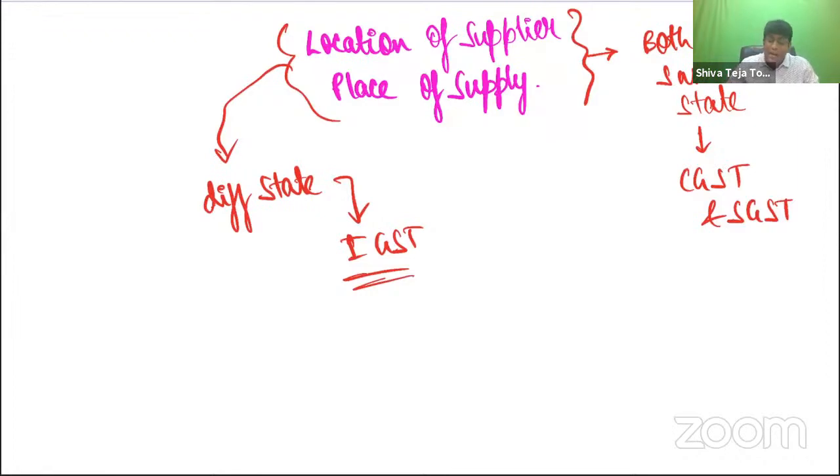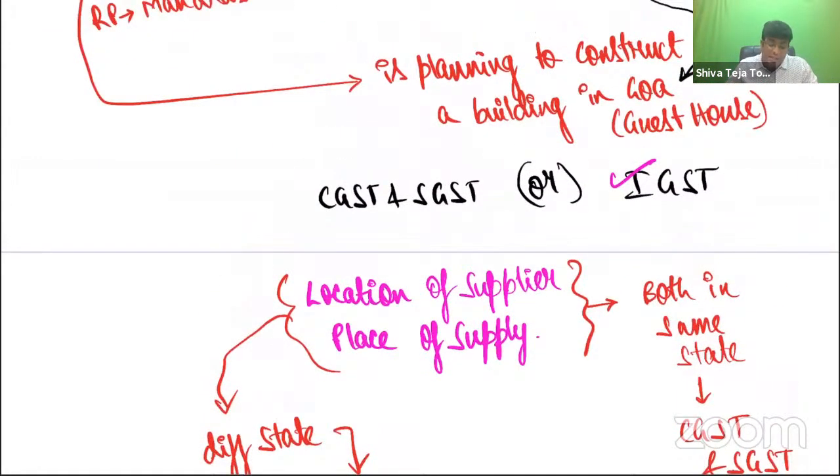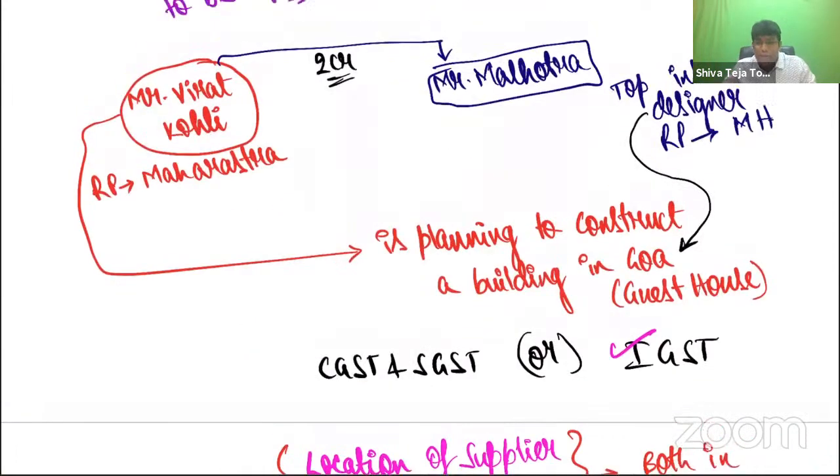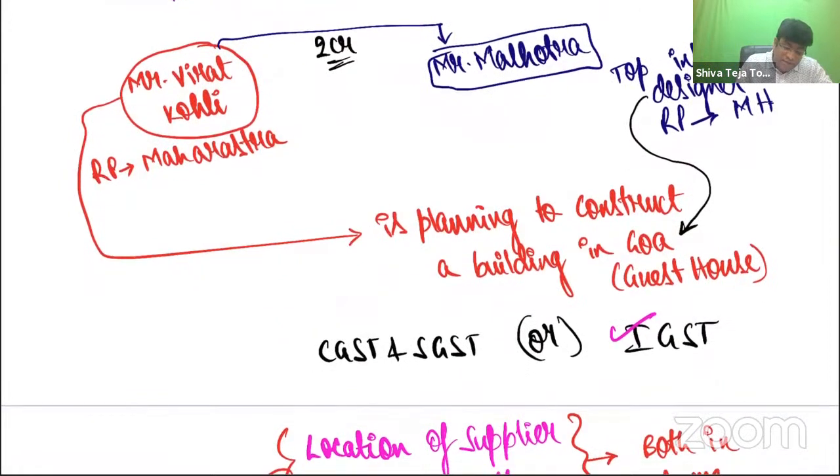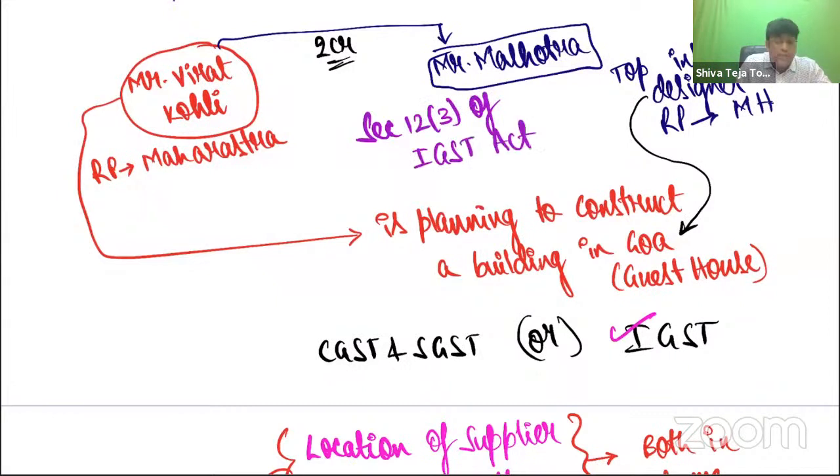And for place of supply, we have specific IGST provisions. As per Section 12(3) of the IGST Act, the place of supply for services in relation to immovable property is the place where the immovable property is located or intended to be located.